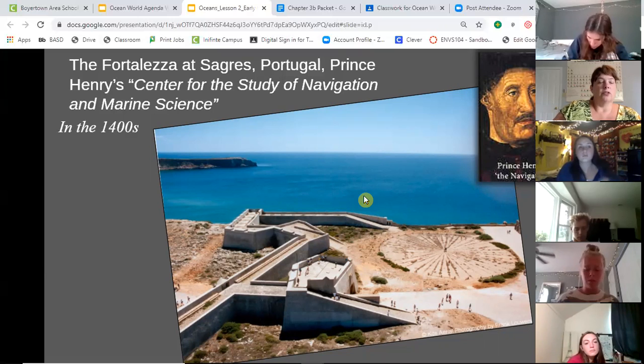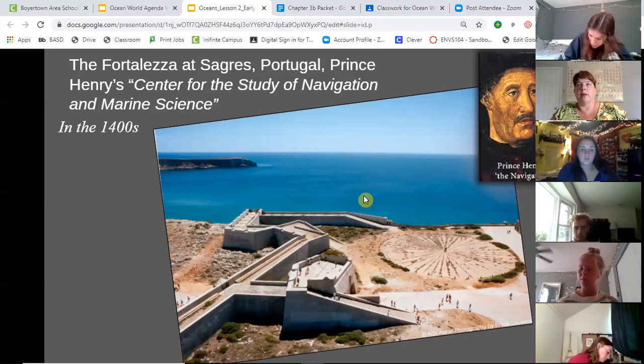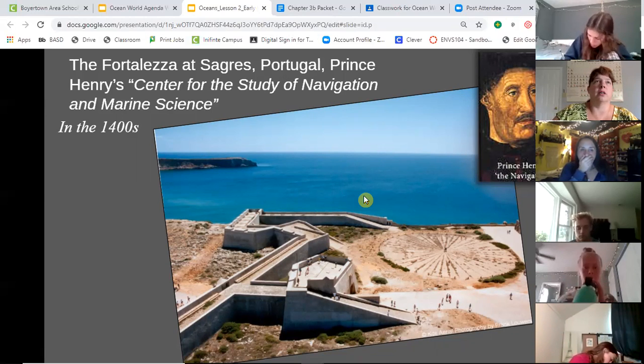Okay, so back to history. We took a break and talked about latitude and longitude because it was important to navigation. But there was a huge gap in time where very little was done with ocean exploration. We last spoke of Eratosthenes in 200 BC. He came up with the circumference of the globe, and from there they came up with latitude.